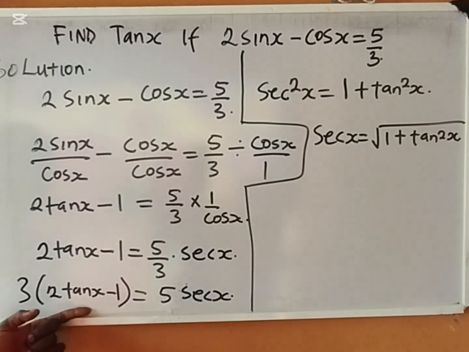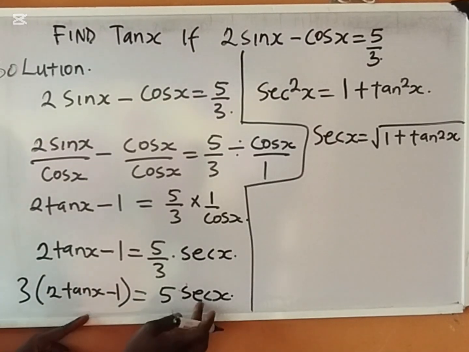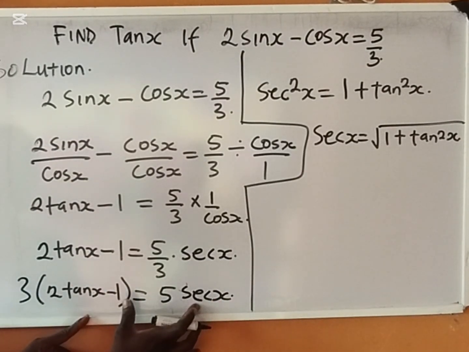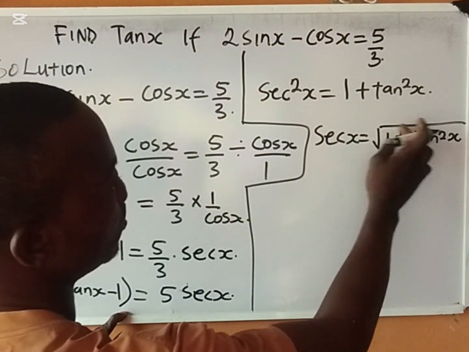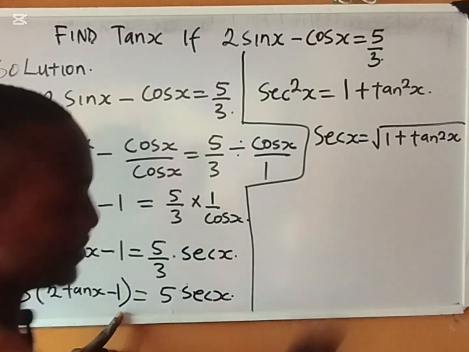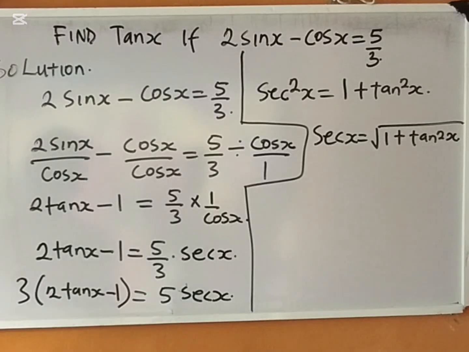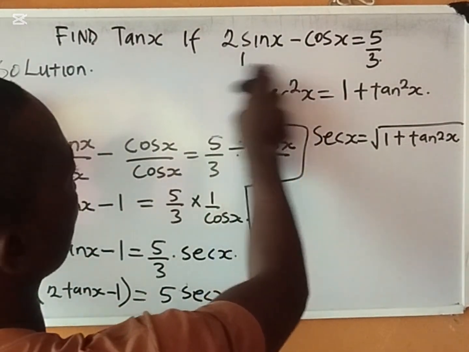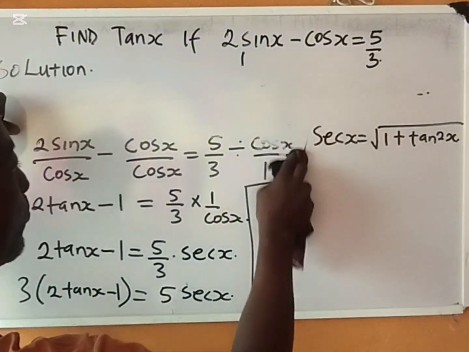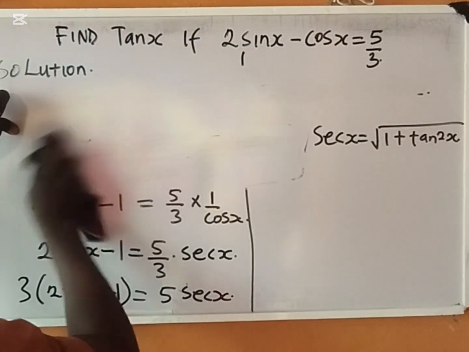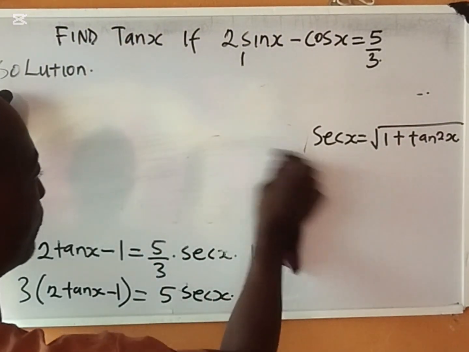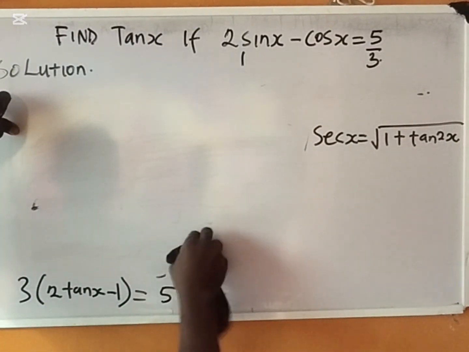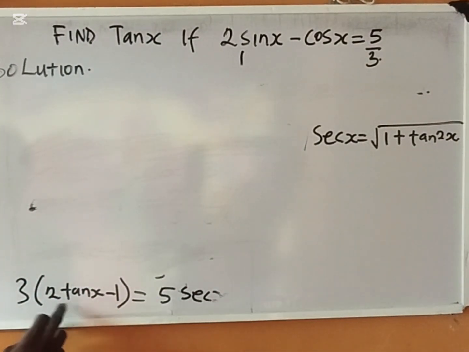Okay, but if you take a look at this equation, we have sec x here. So we're going to write this equation, but instead of sec x, we're going to be writing root of 1 plus tan square x. Let me create some space here by cleaning the board. I want to write this one now.